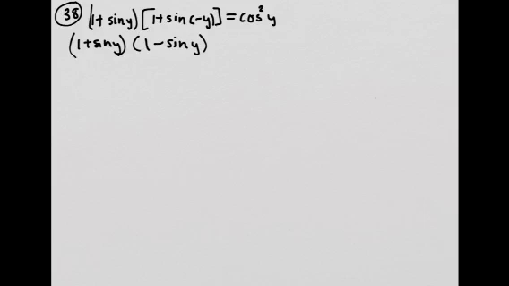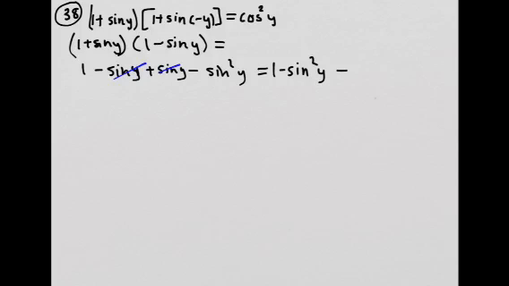And so now I can use distributive property. So this is 1 minus sine y, oops, plus sine y minus sine squared y. So then this one and this one is 0. And you're left with 1 minus sine squared y, which is cosine squared y.